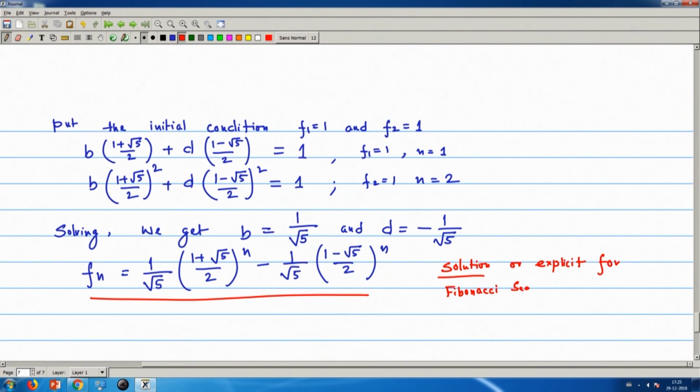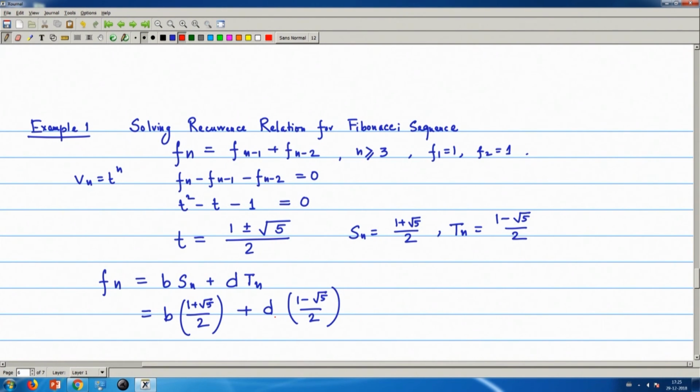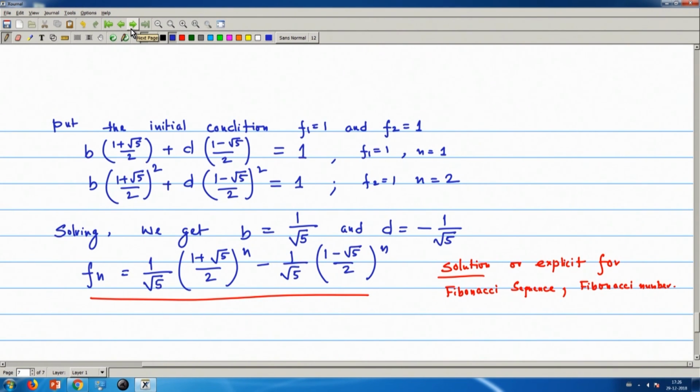We can write the Fibonacci sequence or Fibonacci numbers as f n equal to 1 by root 5 times 1 plus root 5 by 2 to the power n minus 1 by root 5 times 1 minus root 5 by 2 to the power n.